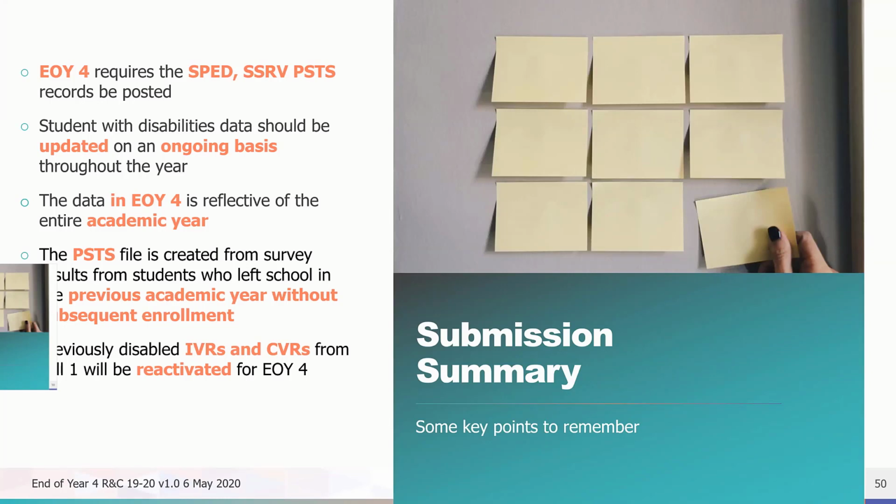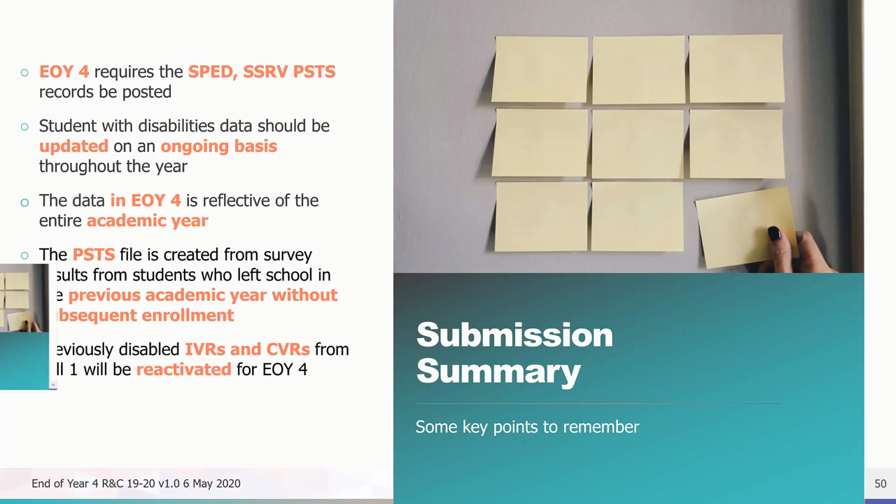Anyway, end of year 4 requires, and these are just reminders, the submission of 3 file types: the special education program, the student services, and the post-secondary status. All of these have to be posted to be in CalPADS. Students with disabilities data should be updated on an ongoing basis throughout the year. SEDS data coordinators have been great about this.